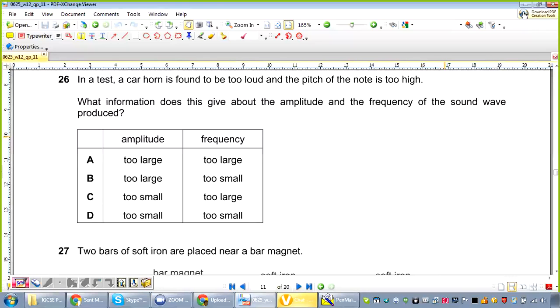I'm not very sure about this. So we will go for which option? C. It's correct.